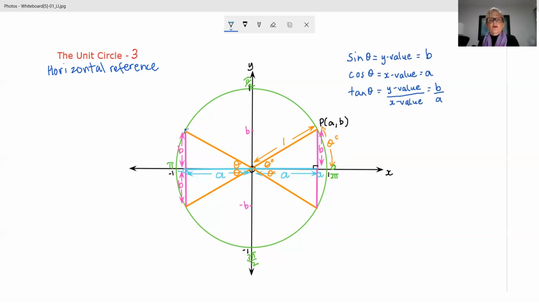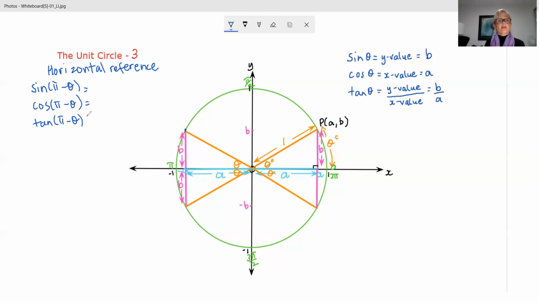So we could refer to that angle as pi minus theta. I want to actually get some values here, get some insight into what's happening for sine, cos, and tan of pi minus theta.